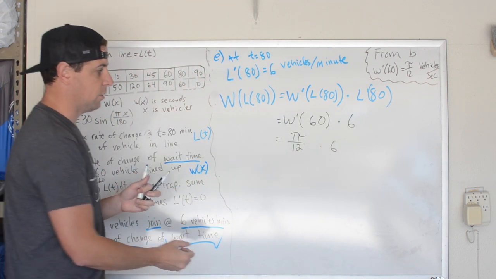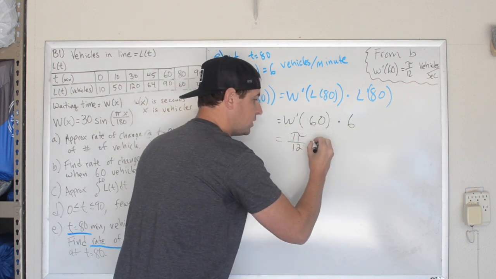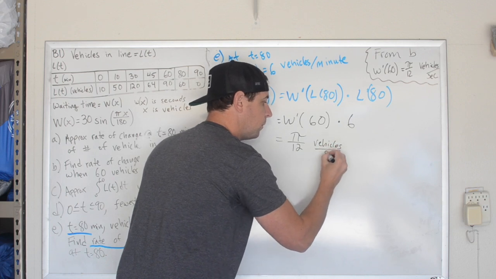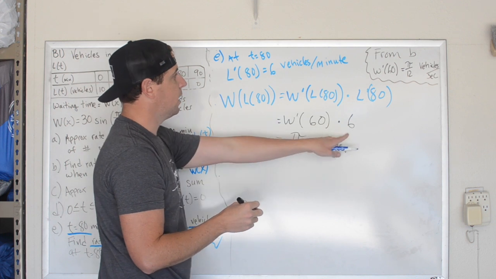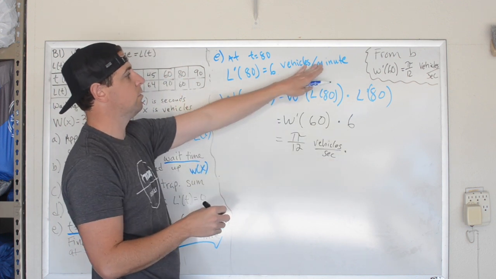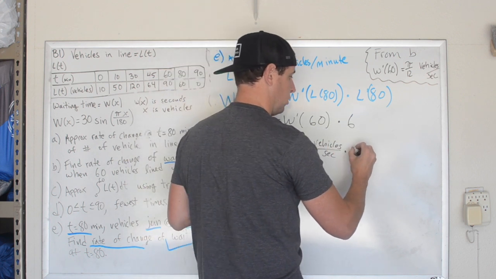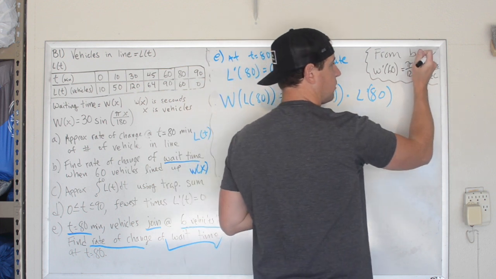So our units, I'm going to erase this pi over 12 here. Our units for pi over 12, this was in vehicles per second, times 6 here was the vehicles per minute. Ooh, this isn't vehicles per second.